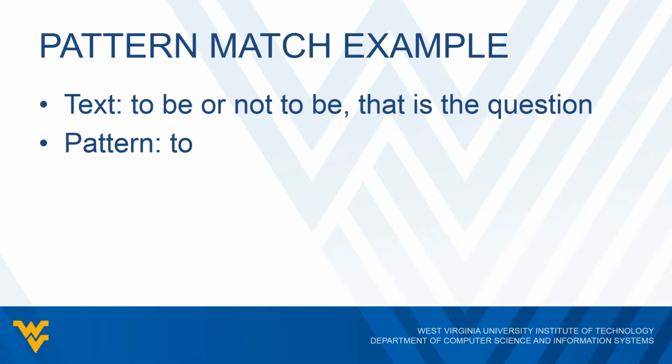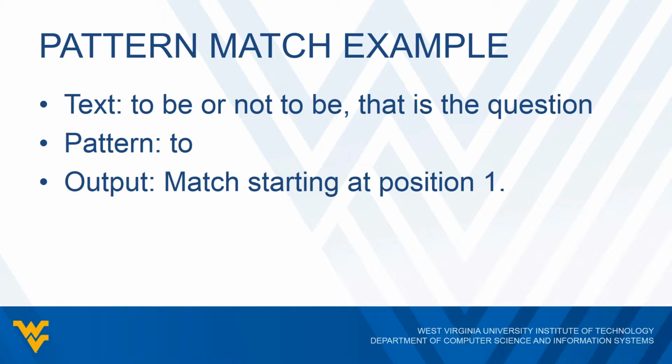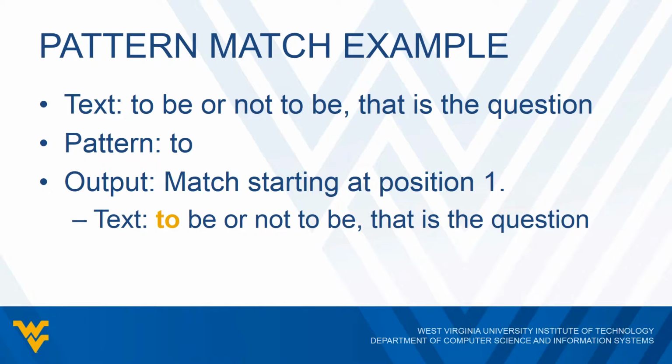If you look carefully, you can see that there are some matches. We can find the word "to" in our text. The first output would be that we have a match starting at position 1, because there's a "to" at the very beginning, and position 1 is where the match begins, since that's the very first character of the entire text.